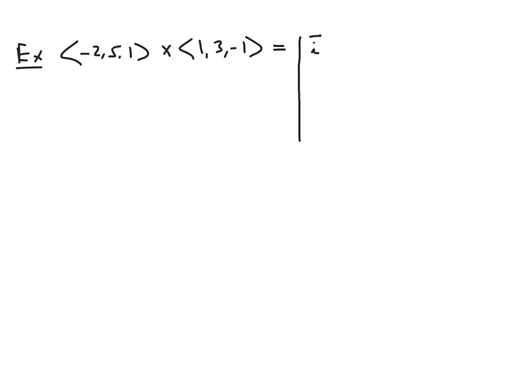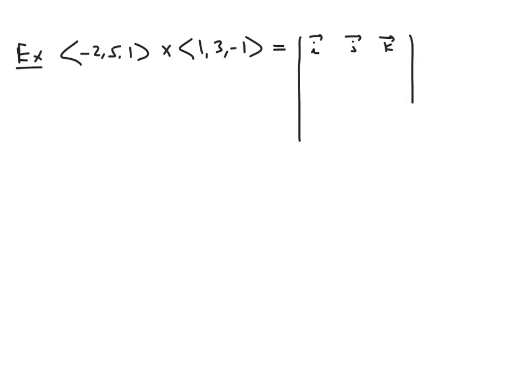So let's take a look at an example. Let's say we want to compute -2, 5, 1 crossed with 1, 3, -1. All right, so using the determinant formula that we just derived, we need to find the determinant of the following 3x3 matrix.